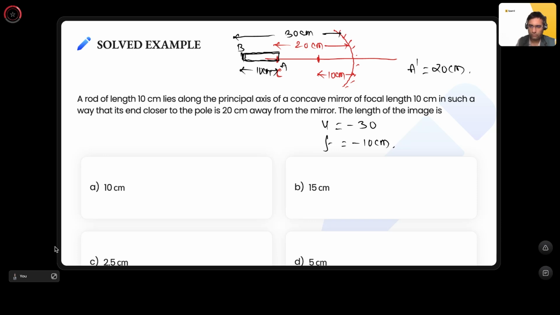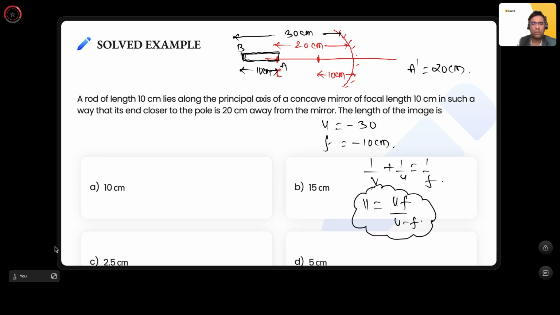All right. And mirror formula is 1 by V plus 1 by U is equal to 1 upon F. So, or we can write V is equal to UF upon U minus F. This is also an important formula that you can remember. So we'll just put the values with signs according to the sign convention. So U will be -30 into -10 upon -30 minus of -10.